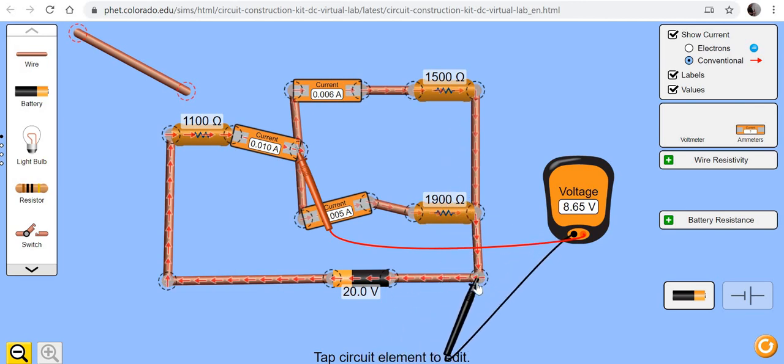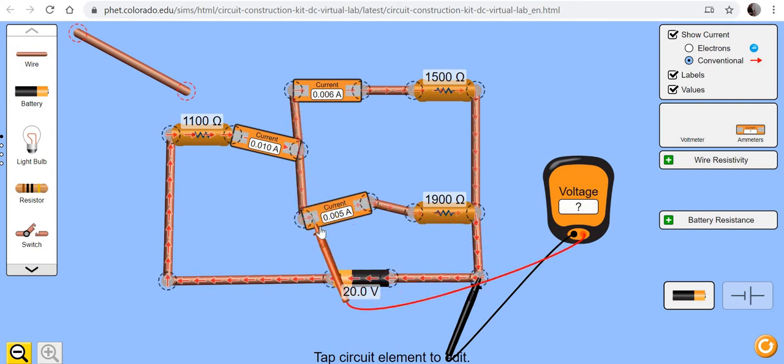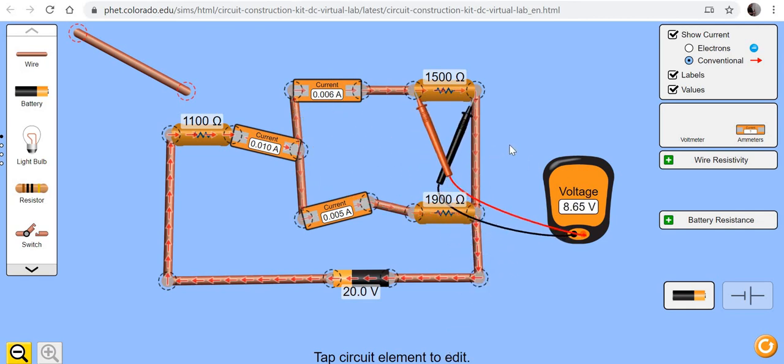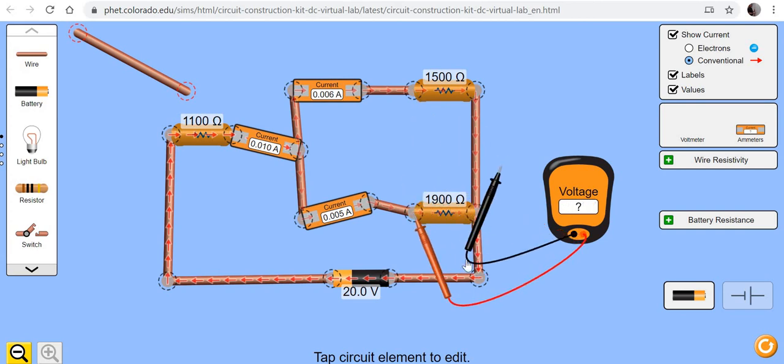Think about that. We can move this one here and here because all these points are connected together. It doesn't matter. Now, let's get the voltage drop across this resistor. Notice that it's going to be 8.65 no matter what. Both of those resistors that are in parallel see 8.65 volts.